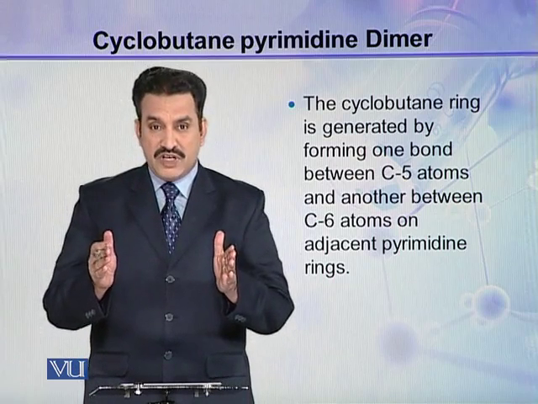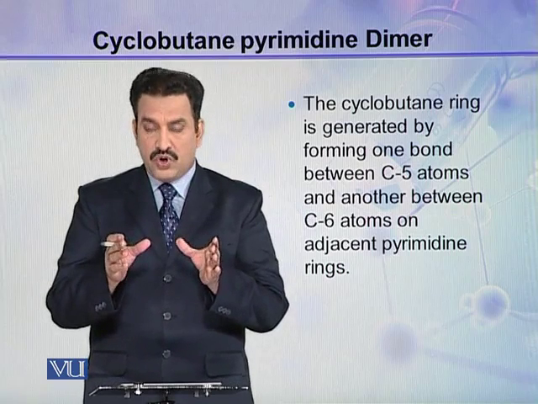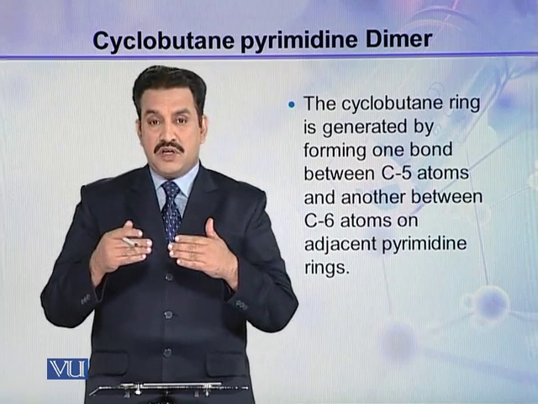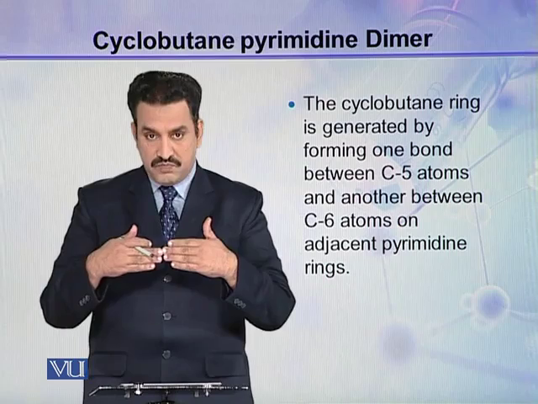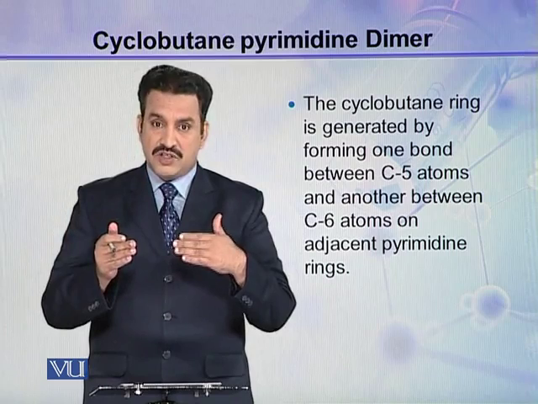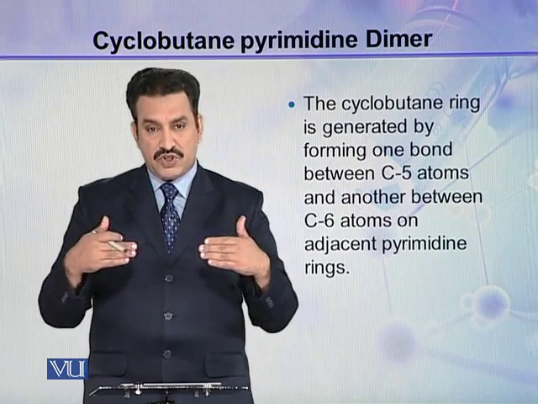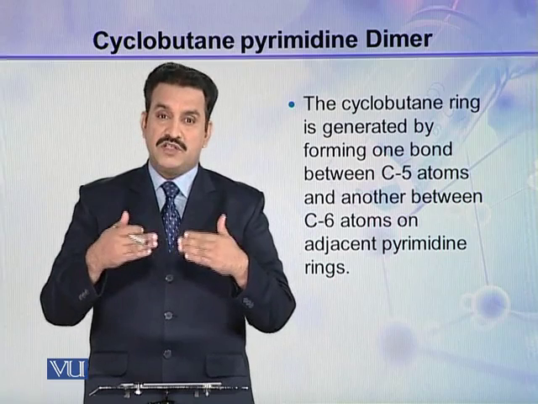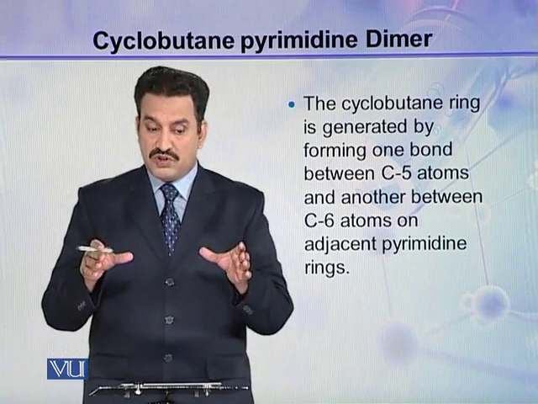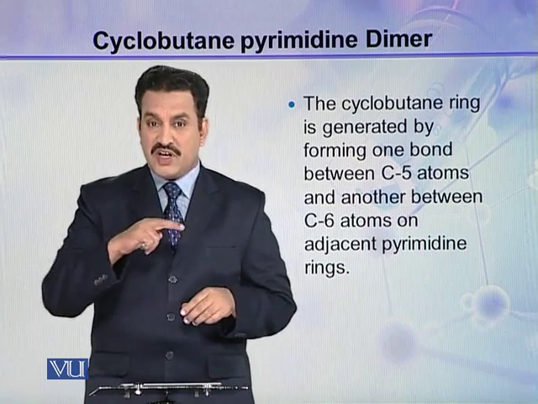So if two pyrimidine rings are present adjacent to each other, the first bond is formed between the C5 atom of this pyrimidine and the C5 atom of this pyrimidine. They take part in the formation of one bond, and the second bond is formed between the C6 atoms of both these pyrimidine rings. So in this way, two bonds are formed.